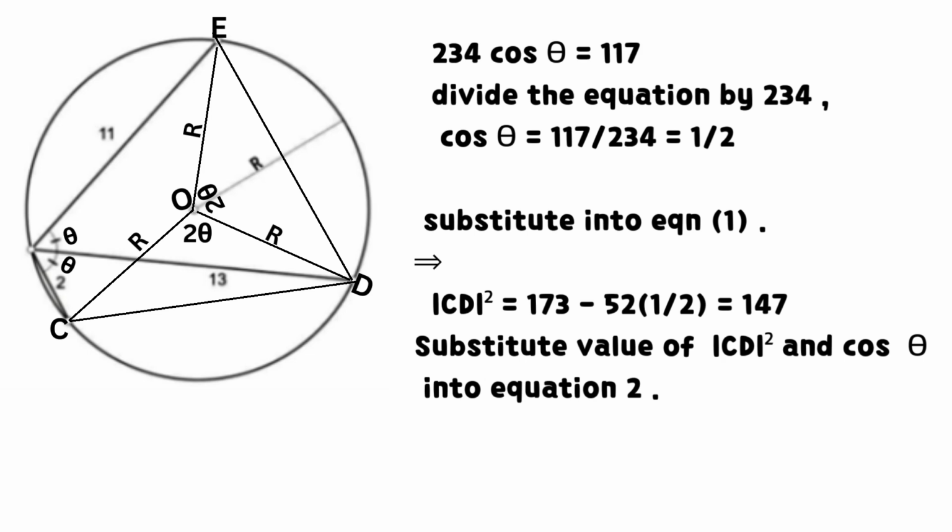Substitute into equation 1. It implies that the square of line CD equals 173 minus half of 52, which equals 147.